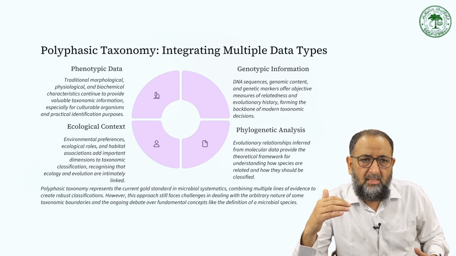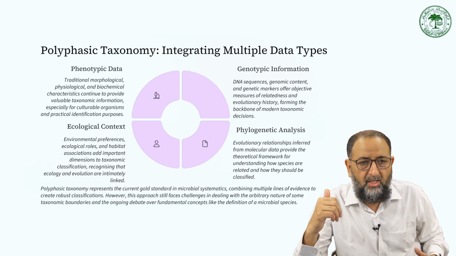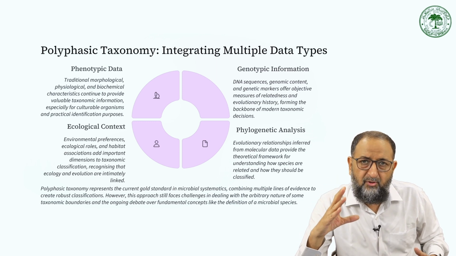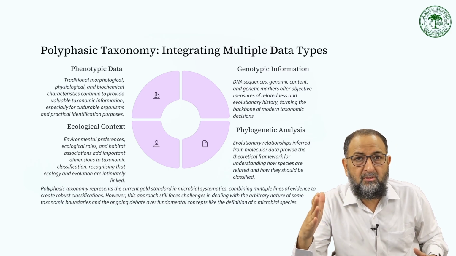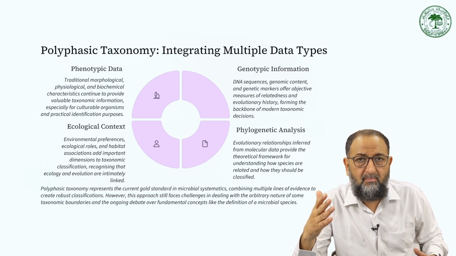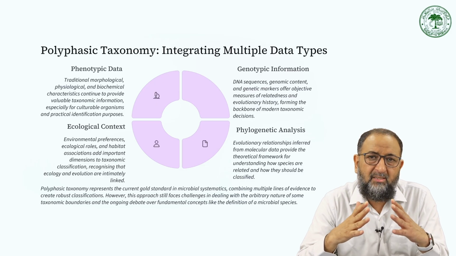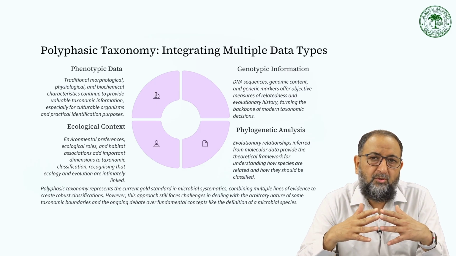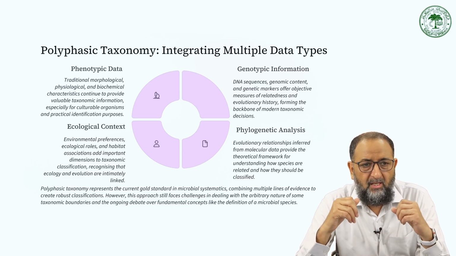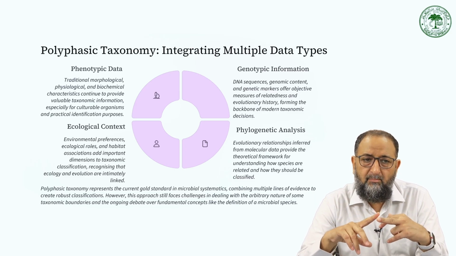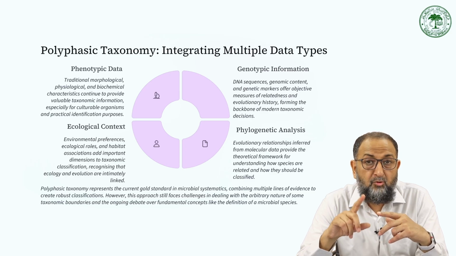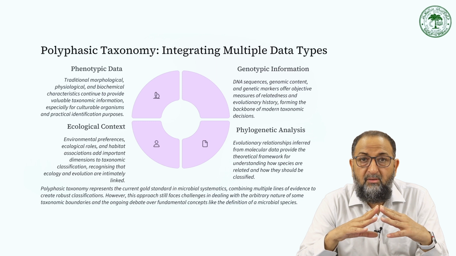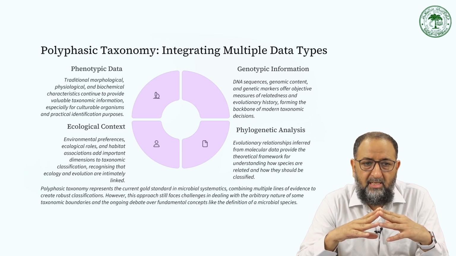All of these come under the category of phenotypic data. We compare the phenotypic data, the variation among individuals, and enumerate them to compare relatedness and unrelatedness between two different individuals. These traditional morphological, physiological and biochemical characteristics continue to provide valuable taxonomic information, especially for culturable microorganisms and practical identification purposes.